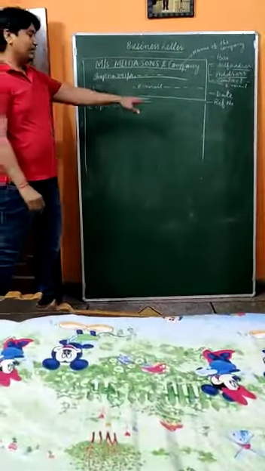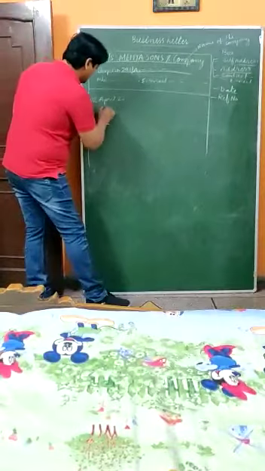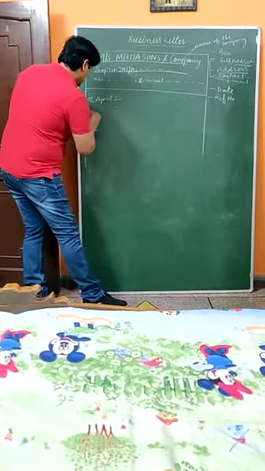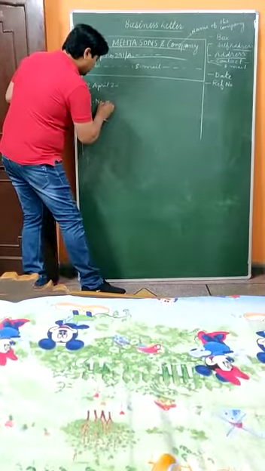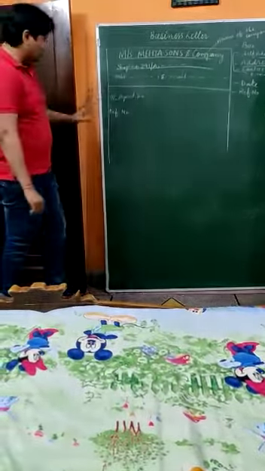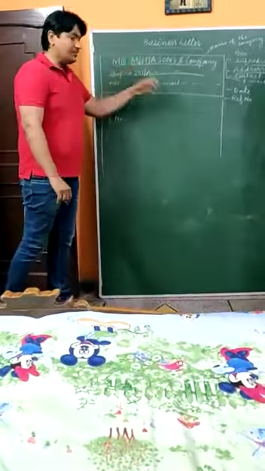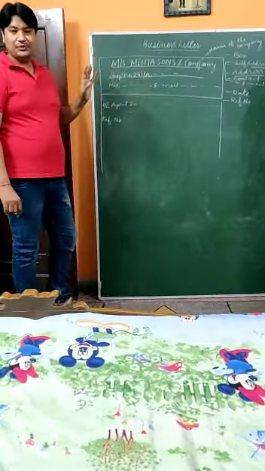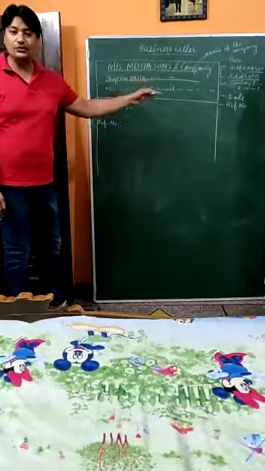This number is very, very important. I am going to mention here REF dot number. Then put colon. Reference number is very important, because if this number is not here, your letter is totally useless. Then there will be no value of this letter.